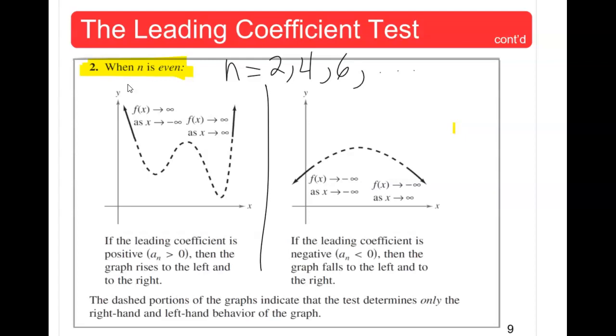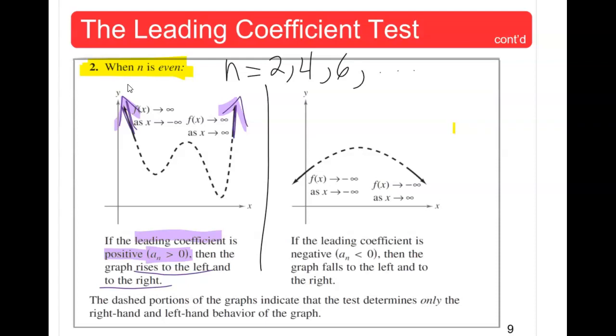One will be when the leading coefficient is positive, meaning greater than 0. So both sides will be going upward. But the vocabulary they use for this specific section is the graph rises to the left, so it goes up to the left, and it rises to the right, goes up, like the sun rises every morning.